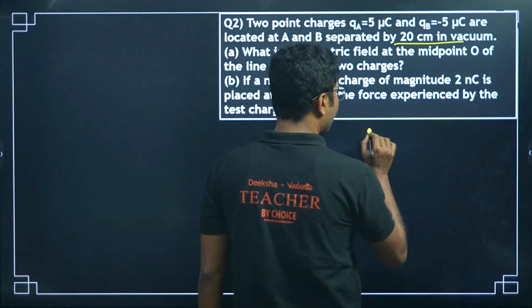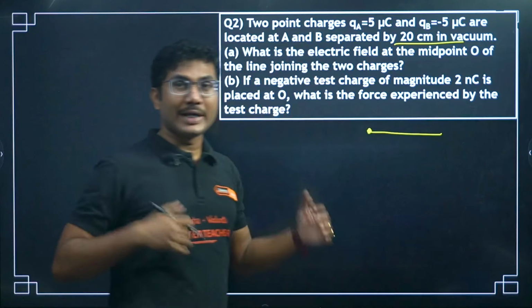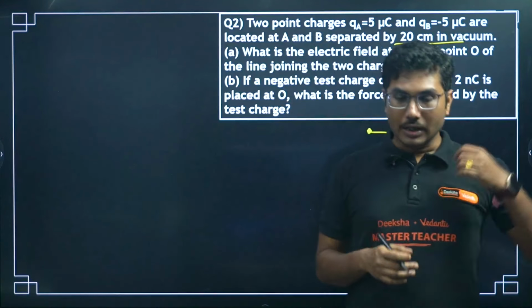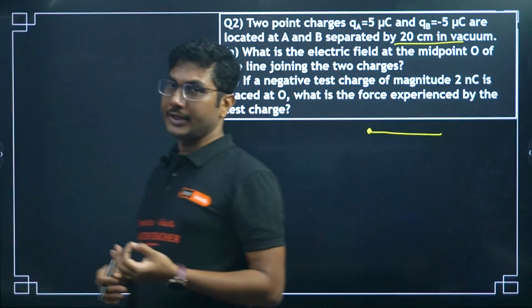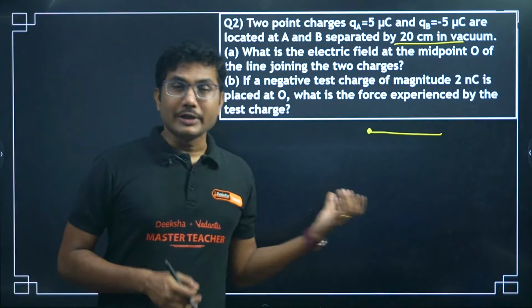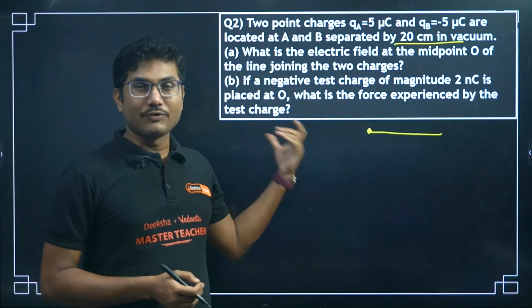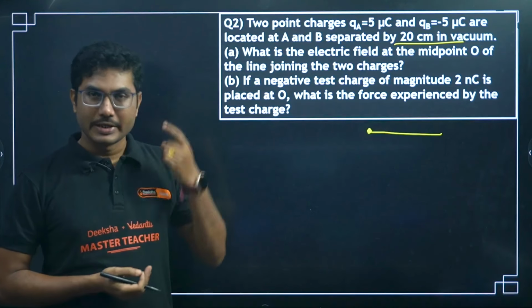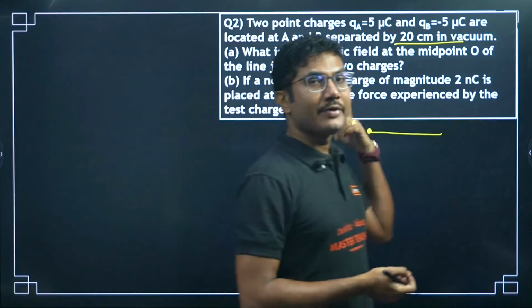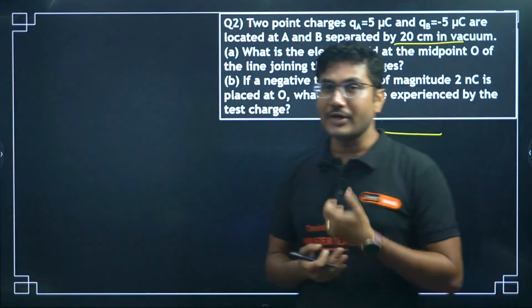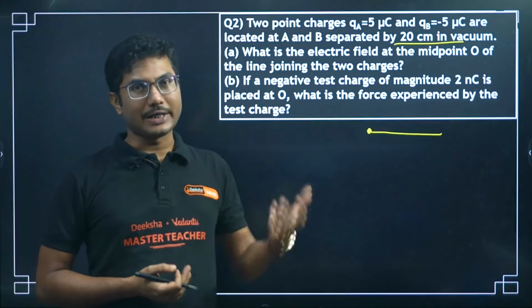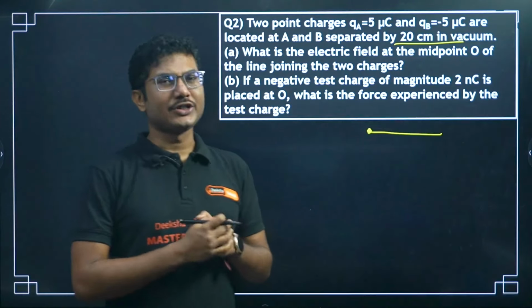So we have two charges, and remember, whenever you are solving a numerical question, this is a very pro tip: try to draw the diagram. Not always necessary for scoring marks, but for understanding the question. Step number 1. Try to draw a diagram to understand the question by yourself. That is very, very essential.